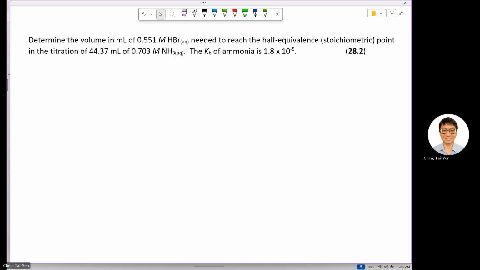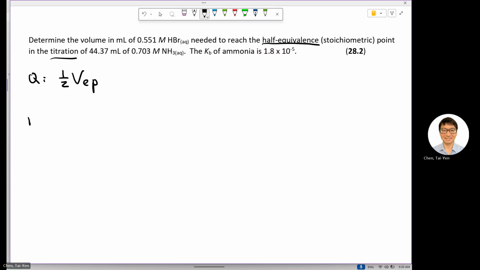Again, titration is the keyword, so you know it's chapter 14 type of questions. The thing you want to find is the volume at the half equivalence point, which means you need to figure out the equivalence point volume, divided by 2, and that's your answer.